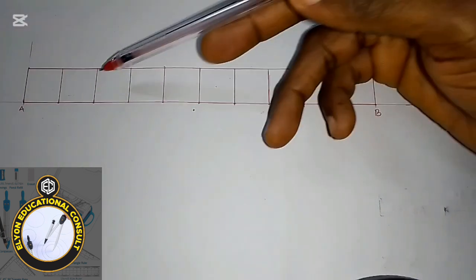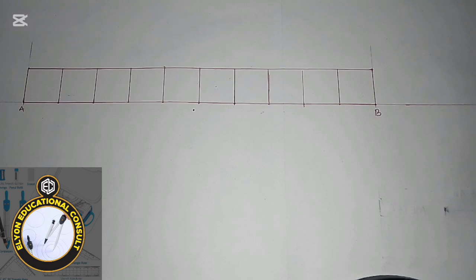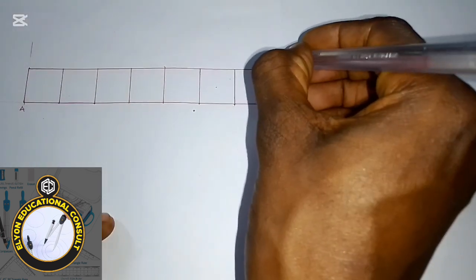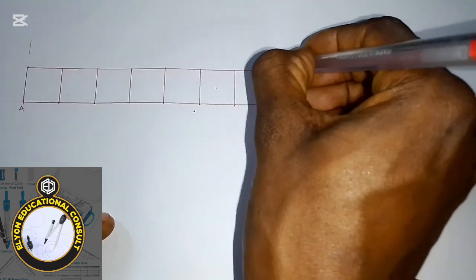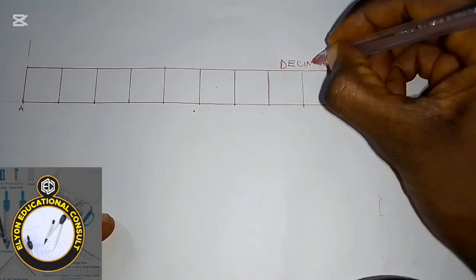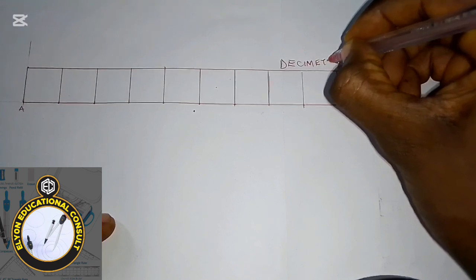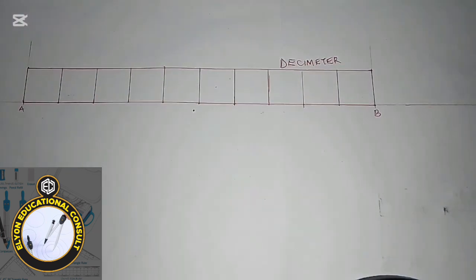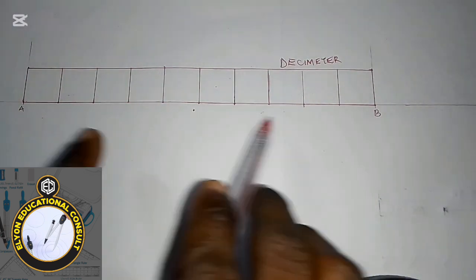So it's reading up to 1 meter. You get that now? So this part now is our decimeter part.